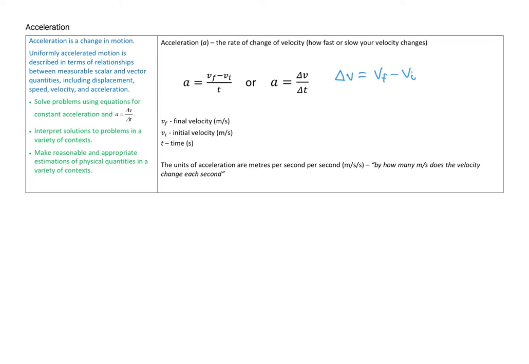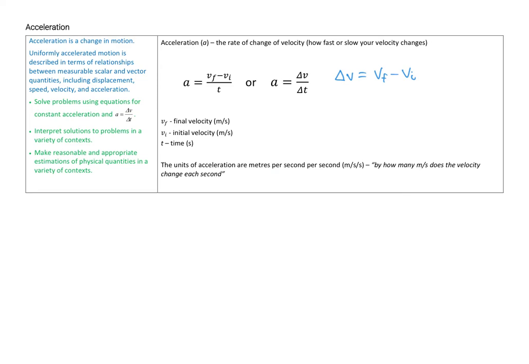Most commonly when we talk about acceleration, we'd probably talk about the acceleration of a car. We'd say, how long does it take to go from 0 to 100 kilometres an hour? We almost quote that as a time because we say, oh, this car will do 3.3 seconds from 0 to 100 kilometres an hour. But if we use our more scientific standard units, the units of acceleration are metres per second per second.